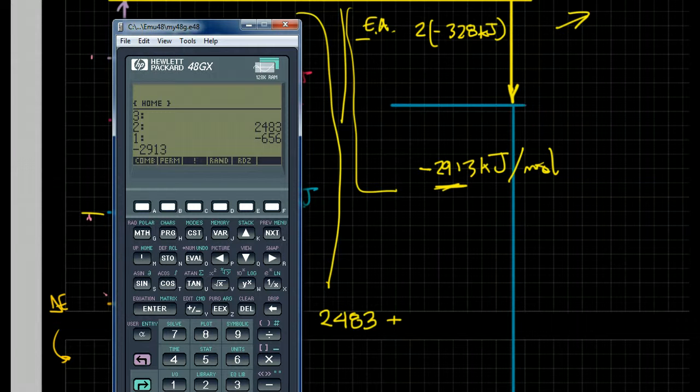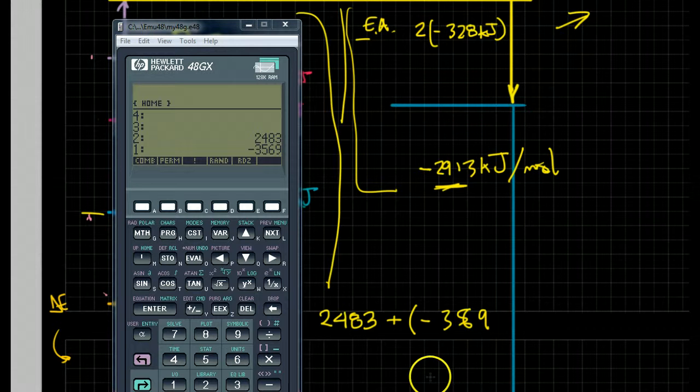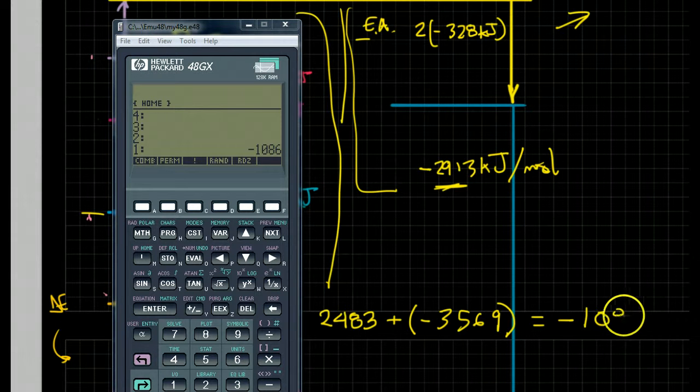And I'm going to add these two together. Okay, that looks better. Now I'm going to add 3569. That's what I want. Okay, equals, well, that's easy, negative 1086 kilojoules per mole.